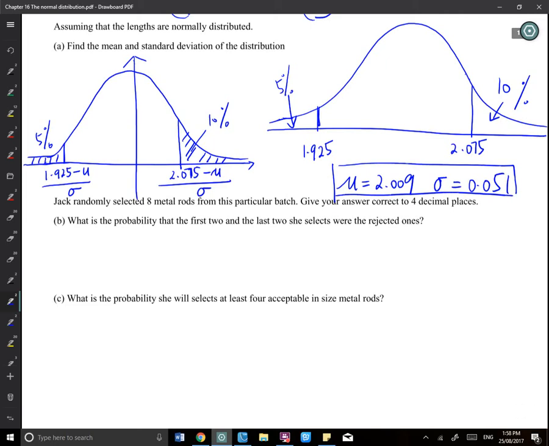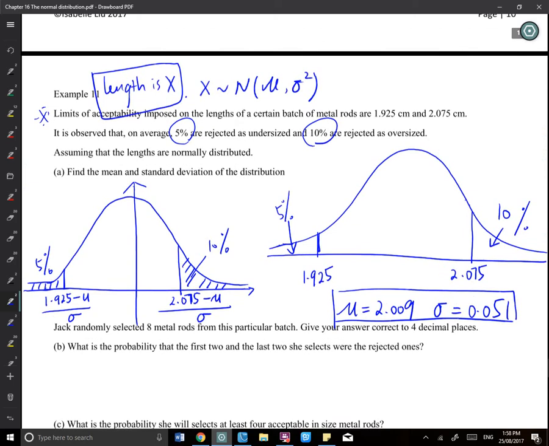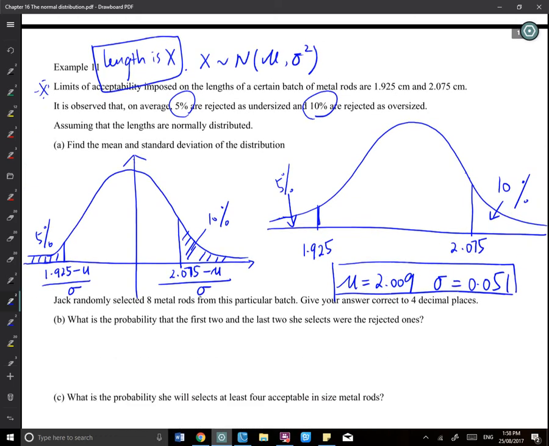What's the probability of rejection? It's a very easy question, it's given in the original paragraph already. Under what condition will this thing be rejected?